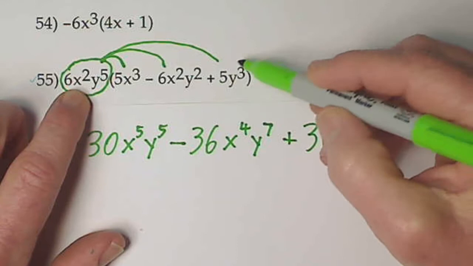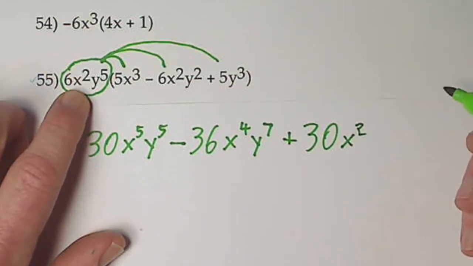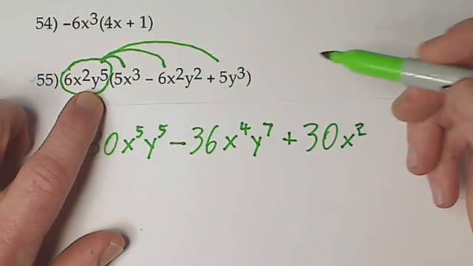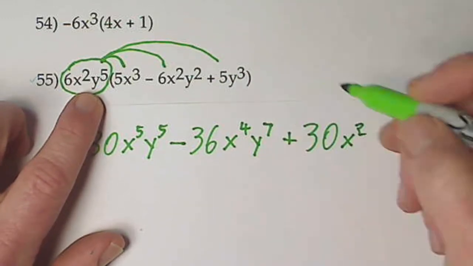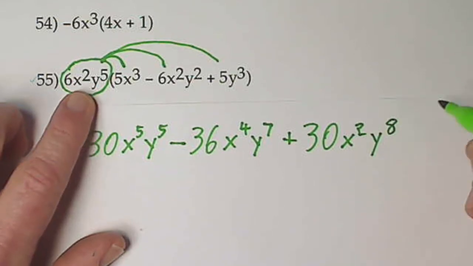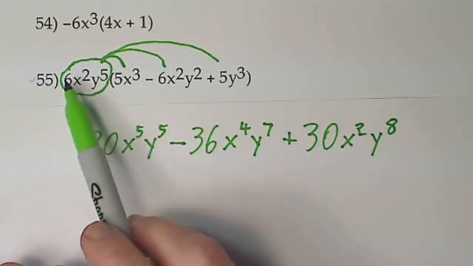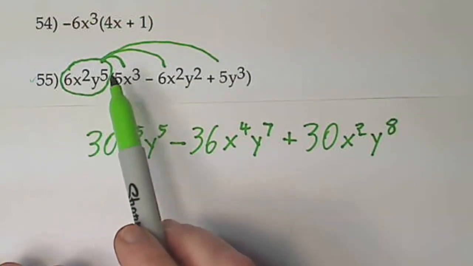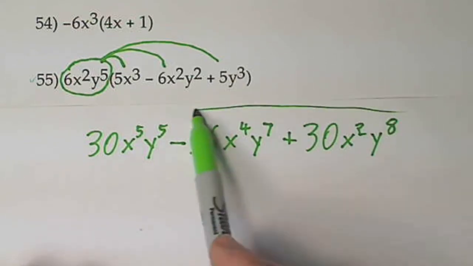X squared doesn't have anything to combine with, so it just comes along for the ride. Okay? And then y to the fifth times y third. When you multiply your y's, you add your exponents. So that's y to the eighth. All right? You distributed this term to each term inside the parentheses, and this is the result.